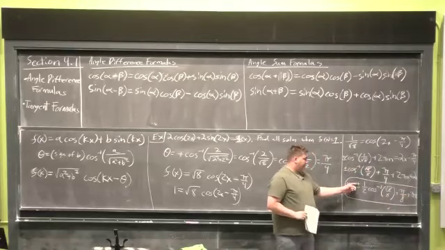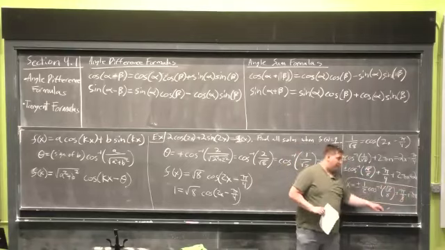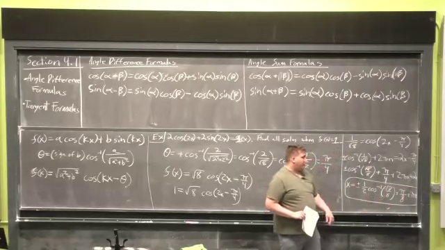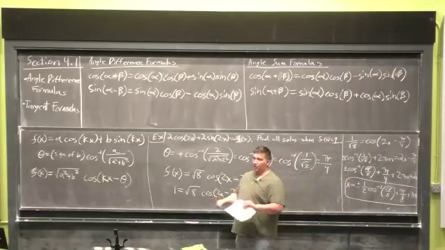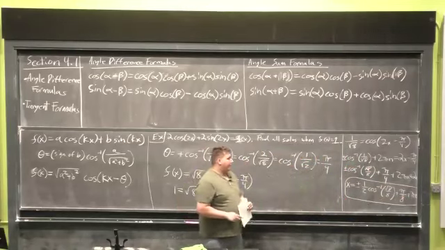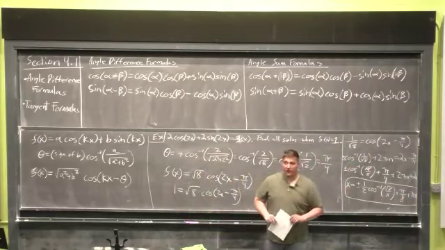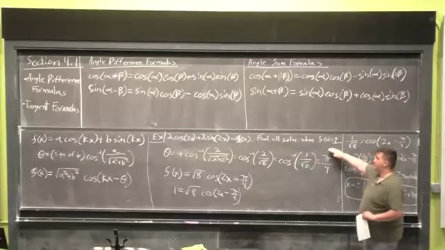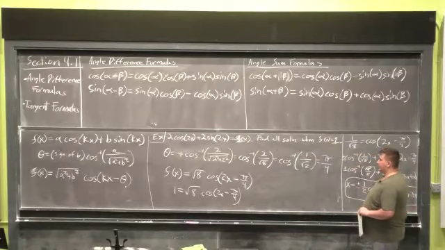Notice I have two sets of answers. I have the positive version of this plus the period, and then the negative version of just this cosine inverse, and then plus the period. So that accounts for both times that you'd hit it while you're drawing your sine wave. Now, this is fine for my answer because my question was find all solutions to this statement, sine of x equaling 1.